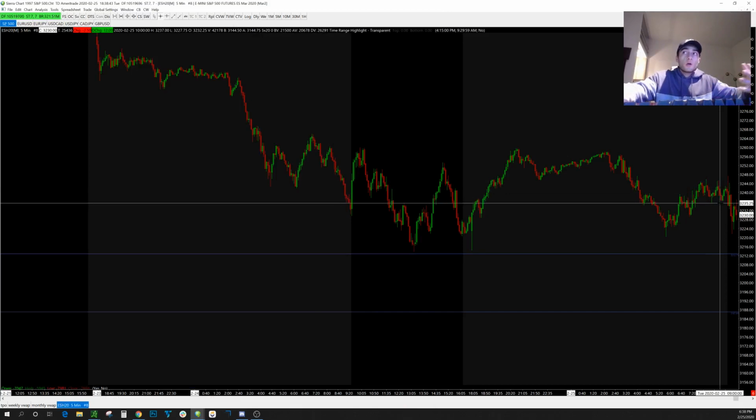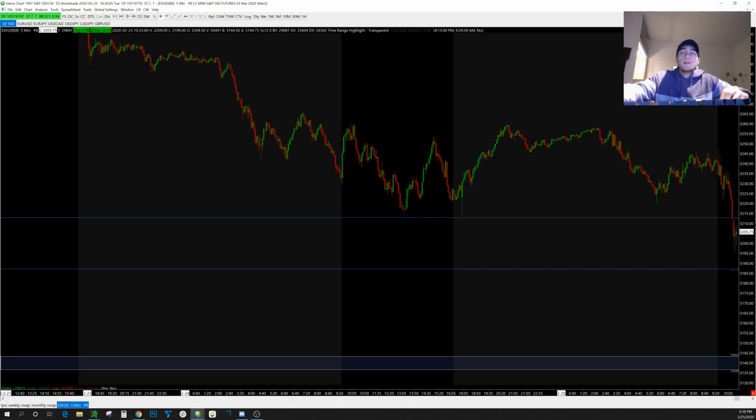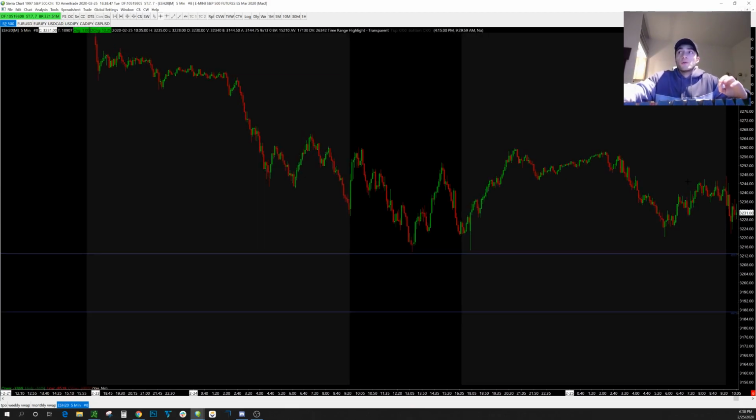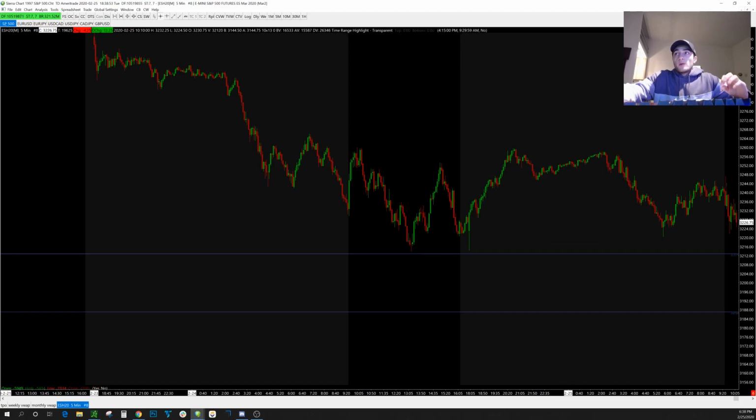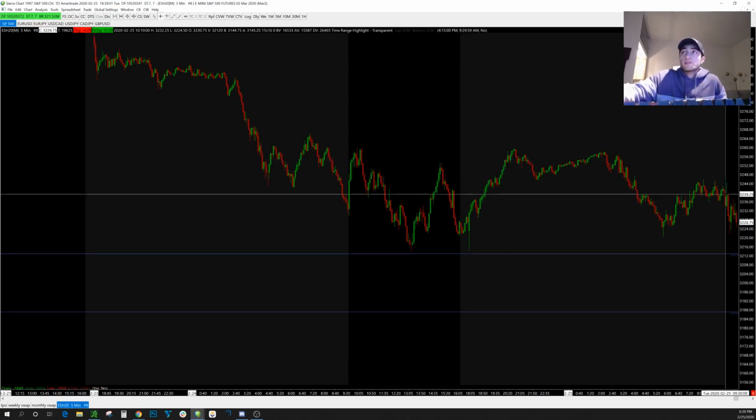So the market's long overnight. 70% of the time, you get a correction of the overnight inventory. Going with that, I was looking for a short off the open because the market was long overnight. It wasn't super long, but it was long. So coming into the open, I was looking for a correction, a little sell-off.